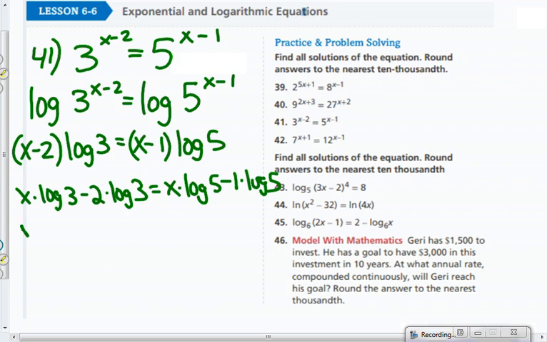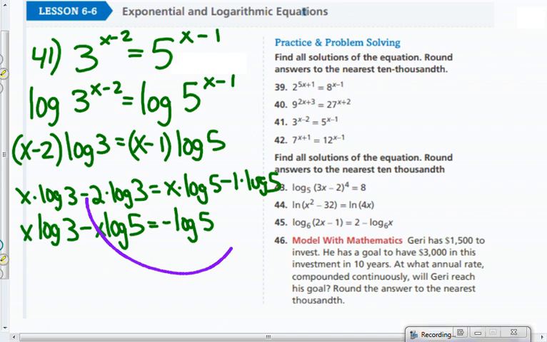So x log 3 will stay on the left, joined by minus x log 5, because we're subtracting it over to the left. Negative 1 log 5 can just be negative log 5, is going to be joined by, what would that be if I move it to the right? Plus 2 log 3.